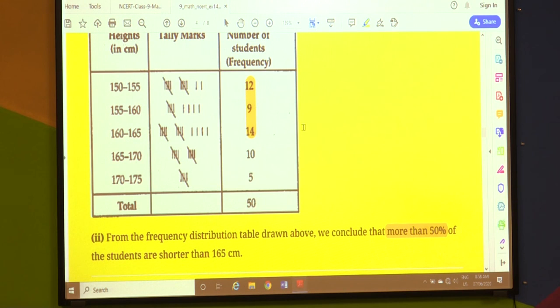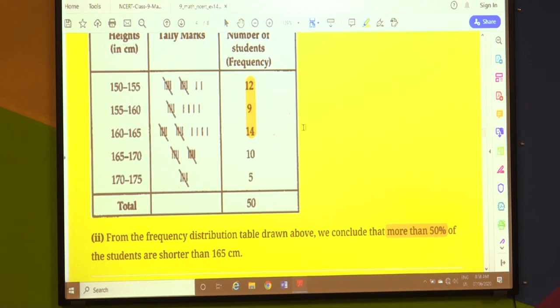But why has it been concluded here as more than 50%? Because among the given data of 50 students, more of the students have heights less than 165 centimeters. So wherever the majority is, we have to conclude accordingly.